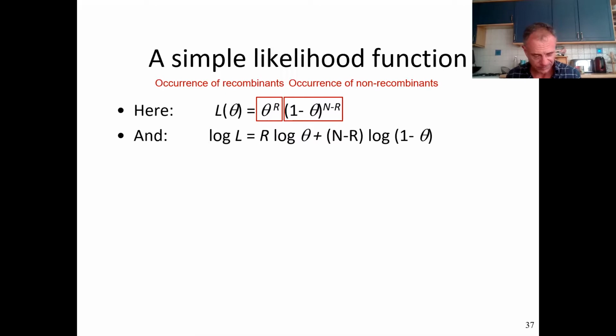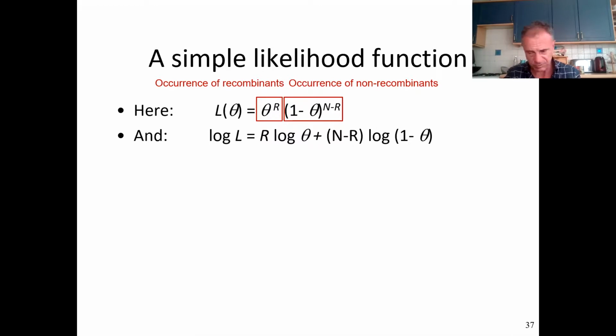The first one is theta, the recombination fraction, and then the second one is theta squared, third one theta cubed, and so on. We just multiply them all up, multiply the thetas together, R times. That's the probability of observing those R recombinants, and the probability of observing the non-recombinants is the n minus R, 6 in this case.